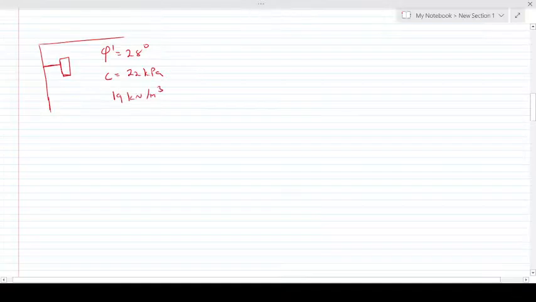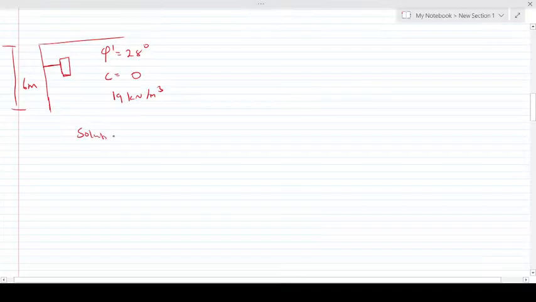First of all, let me start with a cohesionless state. So this is our question. We've been asked to find the force as well as the point of action of the force. The height of the retaining wall is 6 meters. So in doing this, let's start.